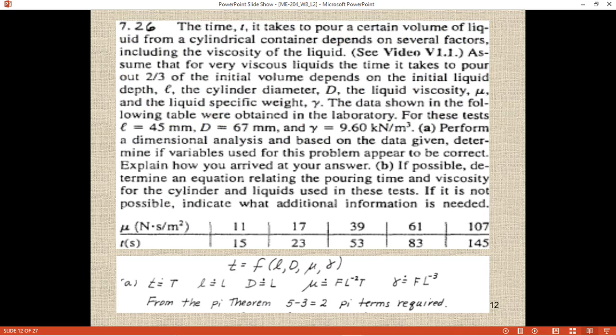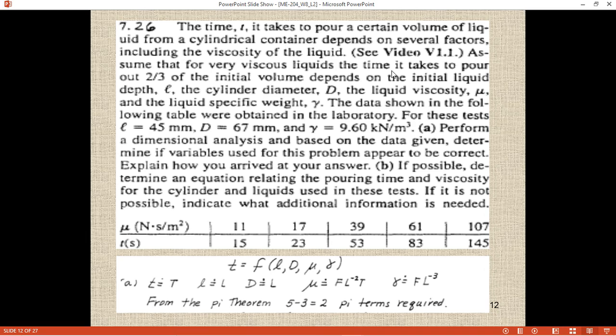So let's solve some problems to clear the concept. The time t it takes to pour a certain volume of liquid from a cylindrical container depends on several factors, including the viscosity of the liquid.